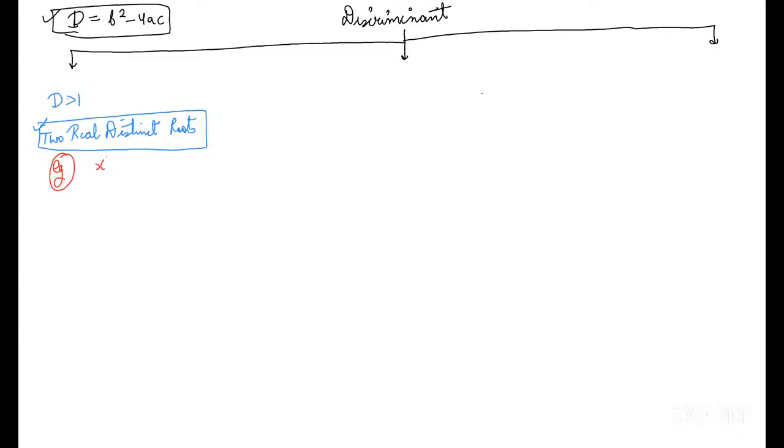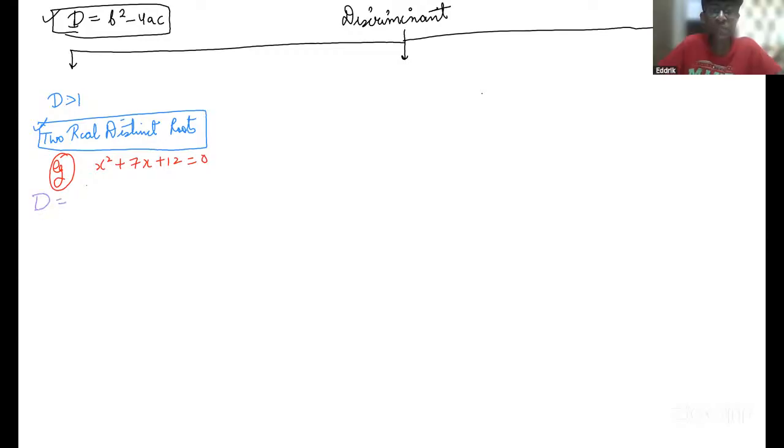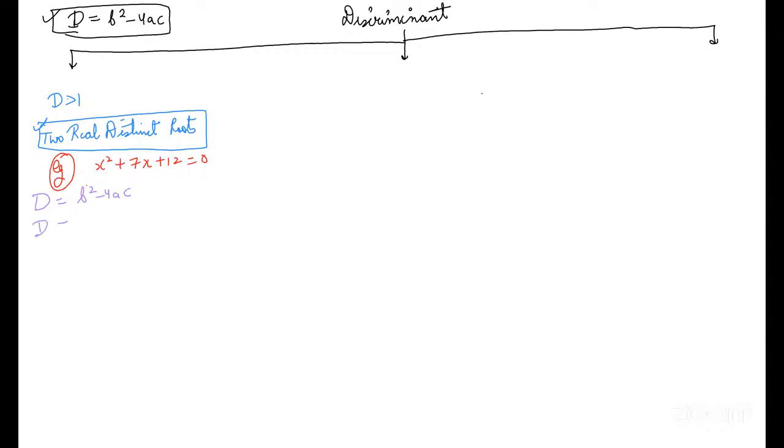So this is the equation. We know that D is equal to b square minus 4ac. If I put the values, D is 7 square minus 4 into a, which is 1, into c, which is 12, which becomes 49 minus 48, and I am getting D as 1, which is greater than 0.